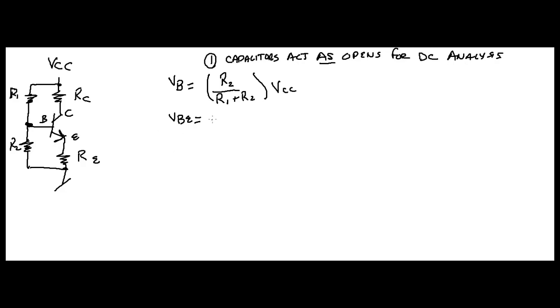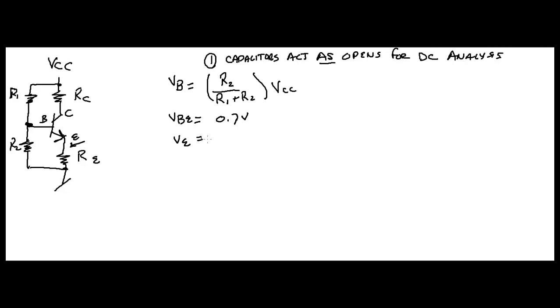But we're going to assume silicon, and we're going to assume that it's 0.7 volts. Okay? Now, so whatever VB is, then you know VBE, you're going to have another 0.7 drop. So VE, which is the voltage right here at your emitter, will be right there.